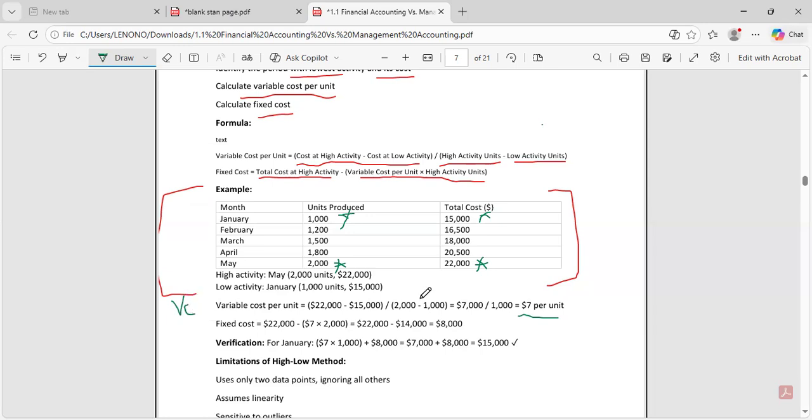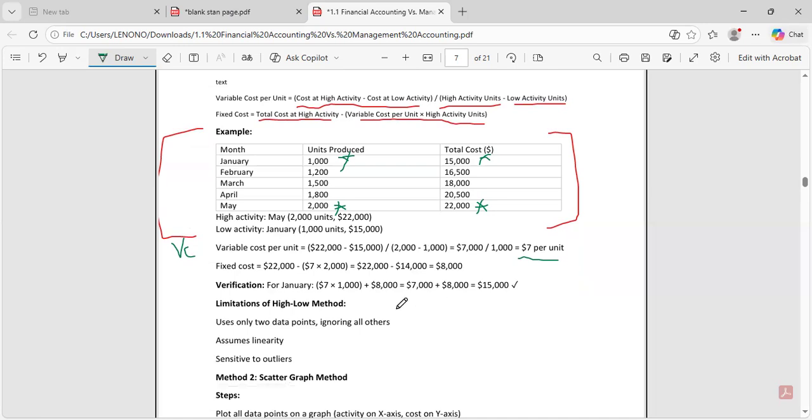So to get the fixed cost now, because we know that our total cost is equal to total fixed cost plus the total variable cost. So our total cost in this case, we have the 22,000 here.